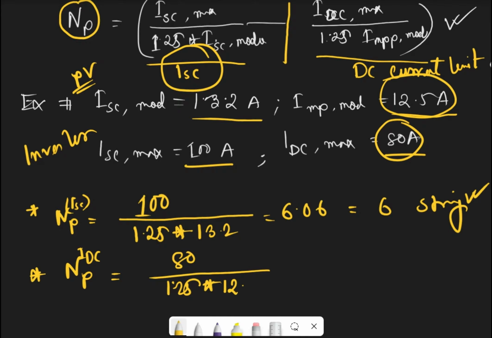Let's plug in 12.5. So we have 5.12, or equivalently 5 strings we have to use. So the final answer, we have to use 5 strings.